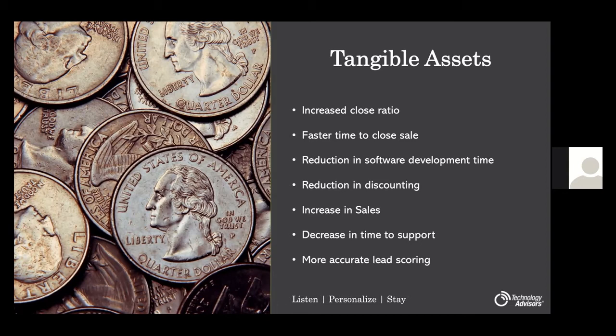Also, if we can increase the close won ratio, if I can have more wins, I can calculate the value of that. The reduction in the time it takes to build out features, that's another ROI component.